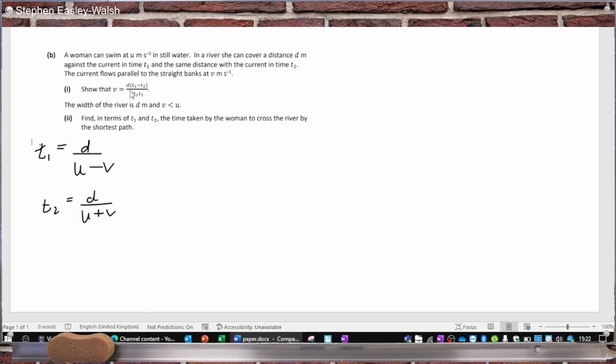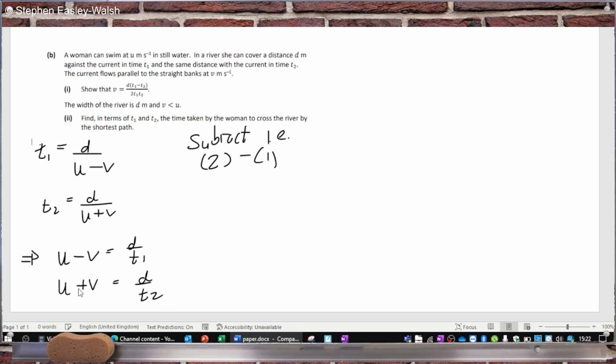Now I want to combine these equations. This equation does not have u in it. So I think what I can rearrange as u minus v equals d over t1, and then u plus v equals d over t2, and then if I subtract, i.e. equation 2 minus equation 1, u minus u is gone, v minus v is 2v equals d over t2 minus d over t1.